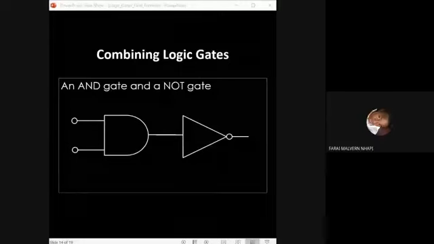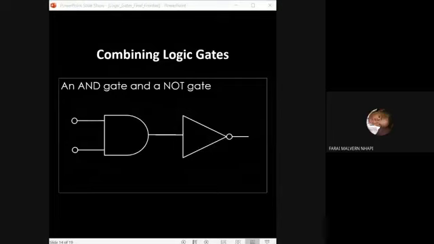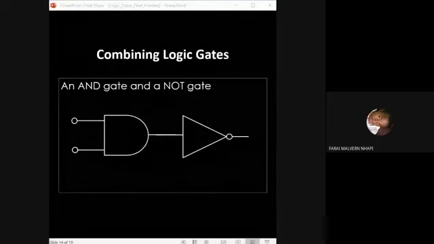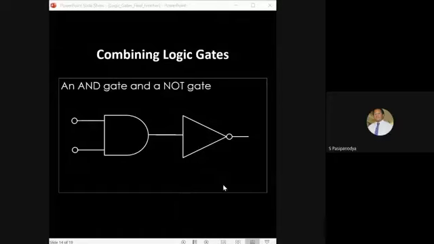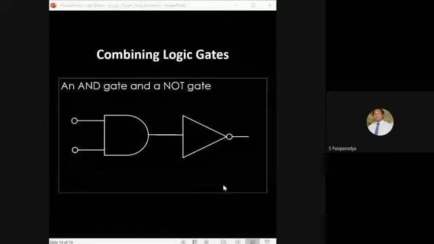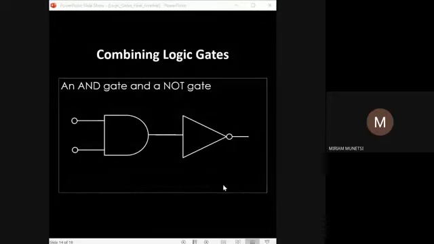We found out that if you combine the AND gate with the NOT gate, we get a NAND gate.